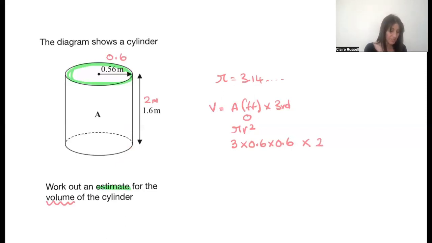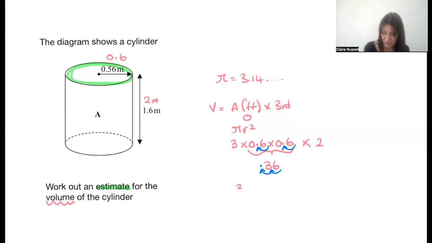Okay, so I'm going to do this in stages in order for it to be a bit easier to work with. That's obviously the hardest bit, so I'm going to do that bit first. Ignore the decimals. 6 times 6 is 36. And I'm going to end up with a decimal there.